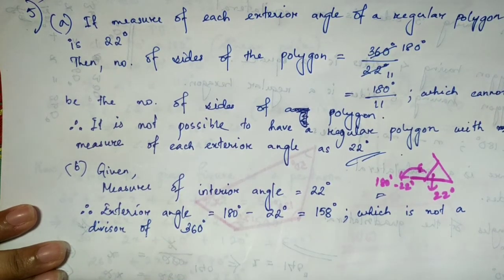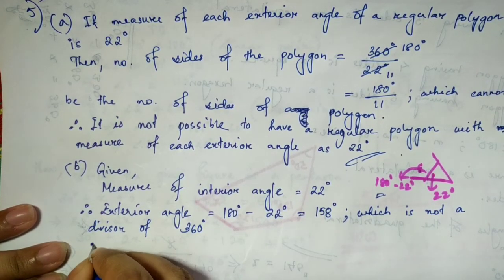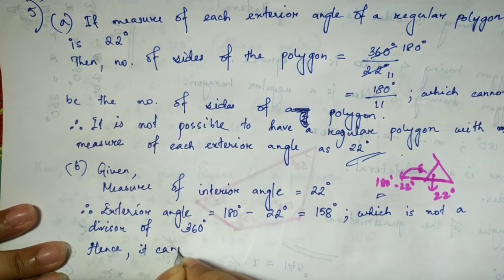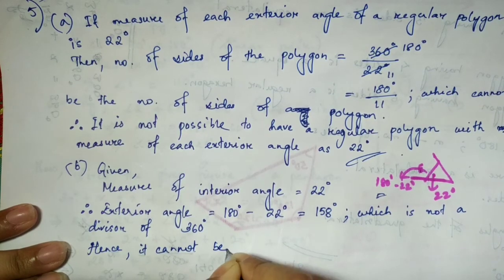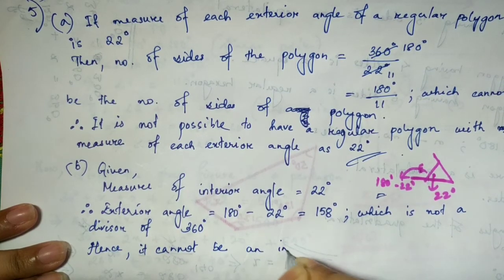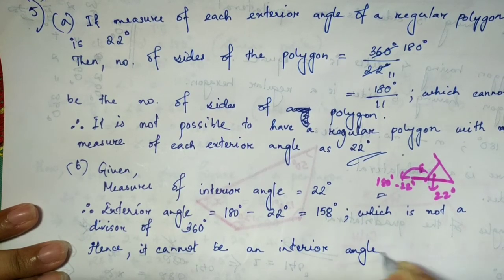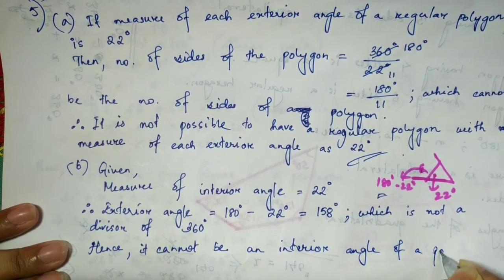Okay, so what you can write is, hence or therefore, it cannot be an interior angle of a polygon. Okay, so it cannot be done.